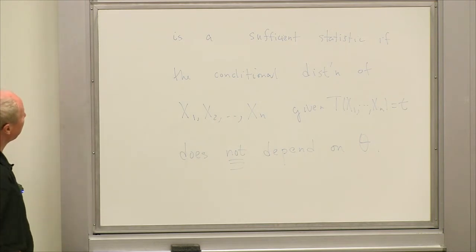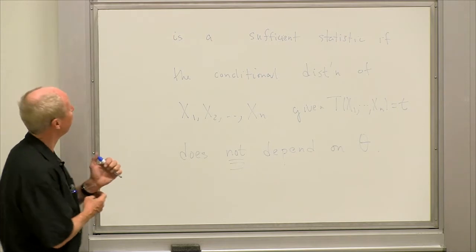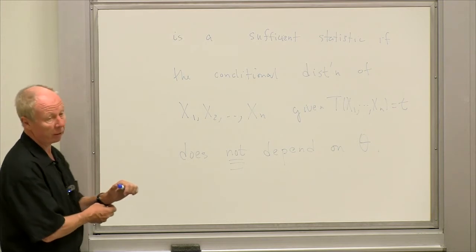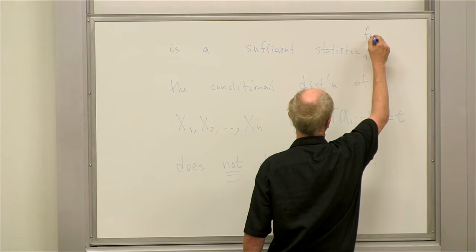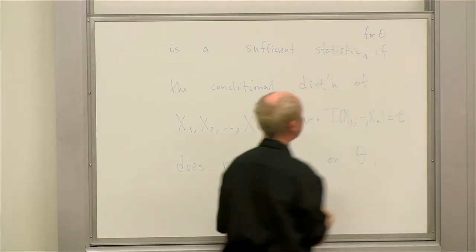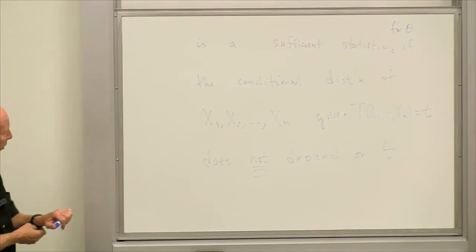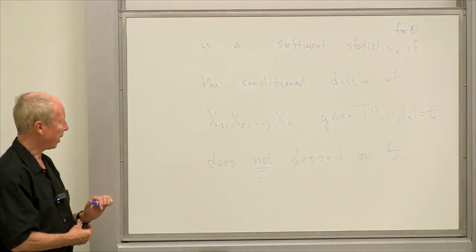Okay, so statistics are functions of the data. So we have that function of the data there, capital T of x1 through xn. It's a sufficient statistic for theta if the conditional distribution of the random variables given the value of that statistic does not depend on theta.